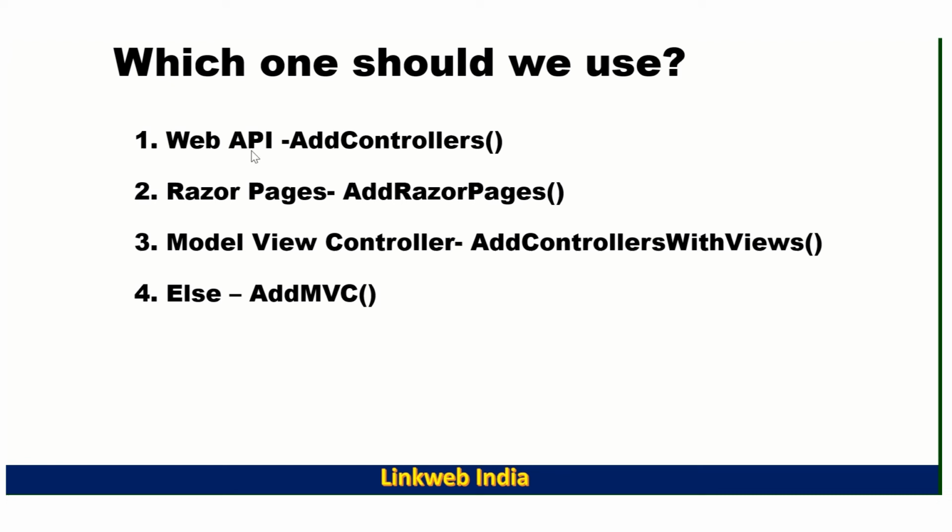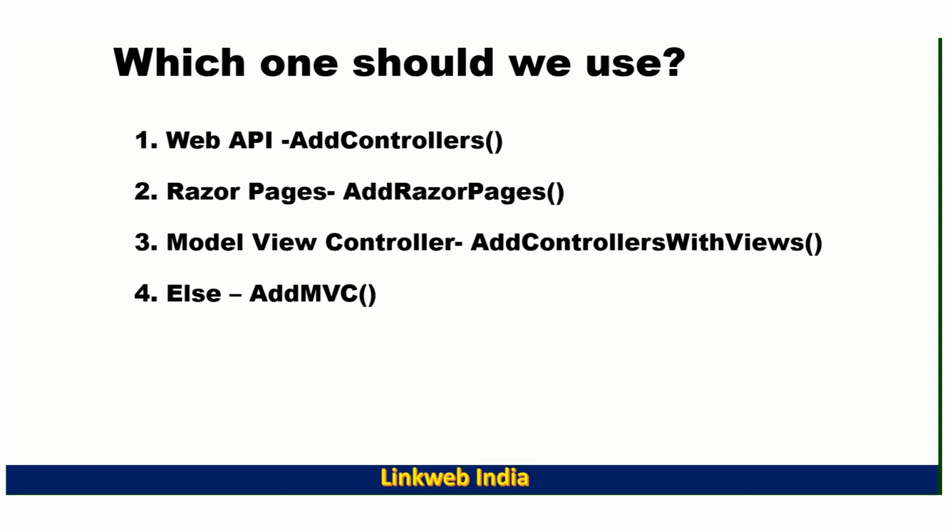So the next and last one is which one should we use, right? In web APIs we can only use AddControllers. I've already mentioned that in the previous slide. If you want only controllers, so in web APIs, when we create a web API, we need only controllers, right?